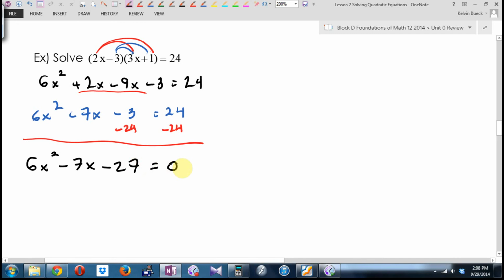Solve this by hand and then check your answer on your graphing calculator to see if you did it right. I'll do it up here. Let's see if we end up in the same spot.